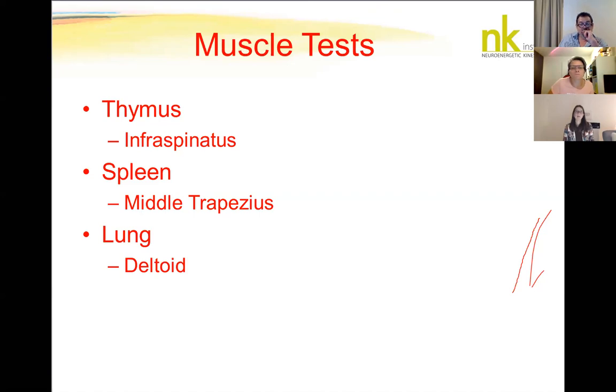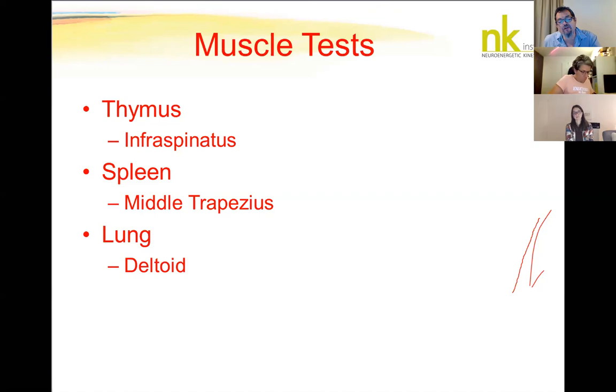So the infraspinatus muscle test is about the T cells, which is specific to the adaptive immune system and only the adaptive immune system.